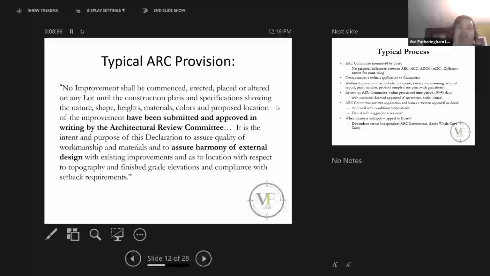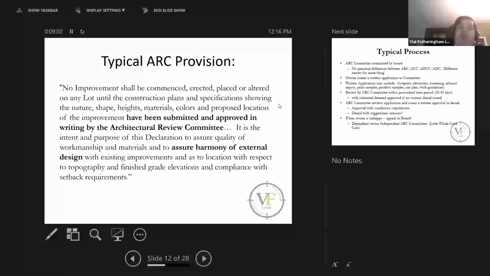It is the intent and purpose of this declaration to assure quality of workmanship and materials and to assure harmony of external design with existing improvements, and as to location with respect to topography and finished grade elevations and compliance with setback requirements. So notice, first of all, that the word Improvement in the first line is capitalized. This is not a typo.